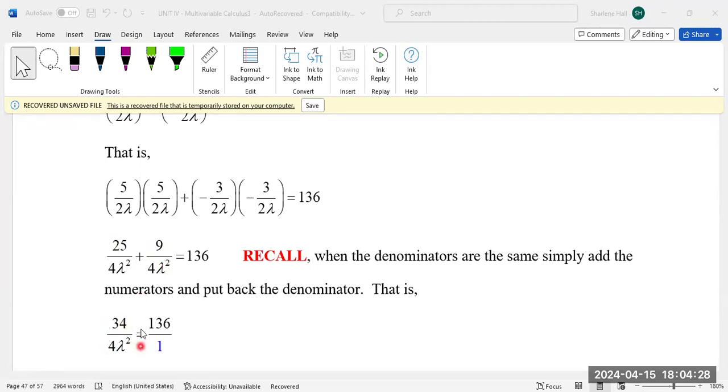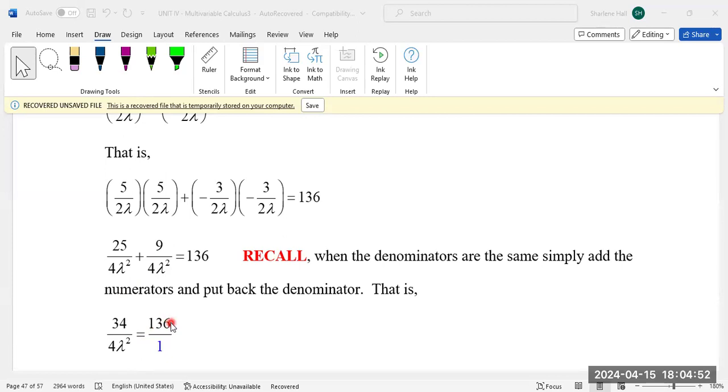Yes. So I'm saying to you, when the denominators are the same, simply add the numerators and put back the denominator. So the denominator is 4 lambda squared. And 25 plus 9 is 34. So I'm going to get 34 over 4 lambda squared equals 136.